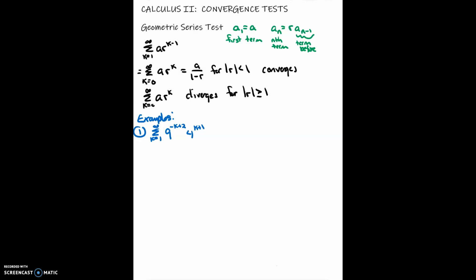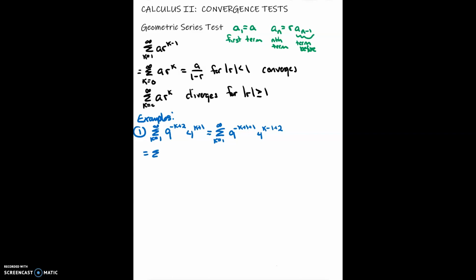Not at all what we want. So let's do a little arithmetic fun. I can rewrite this first exponent as negative (k minus 1) plus 1. The exponent on the 4 I can write as k minus 1 plus 2. Those should now be the same.